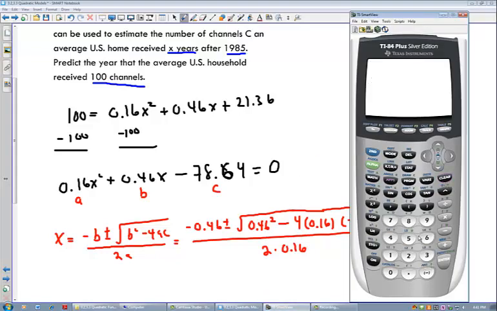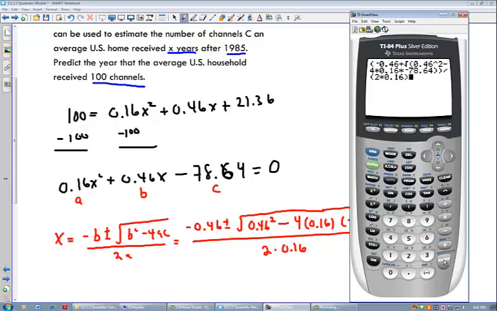I get left parenthesis negative 0.46, and I'll do plus first, so plus the square root of 0.46 squared, raised to the 2, minus 4 times 0.16, and then times negative 78.64, in parentheses for the square root, in parentheses for the top, and then divided by left parenthesis 2 times 0.16.